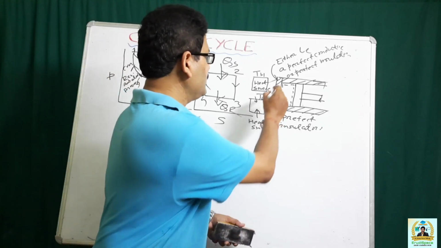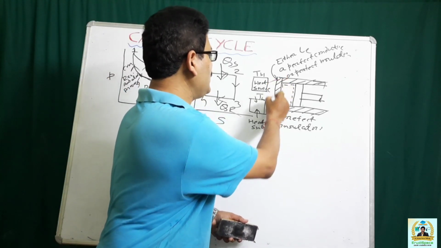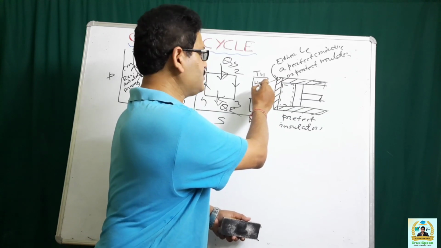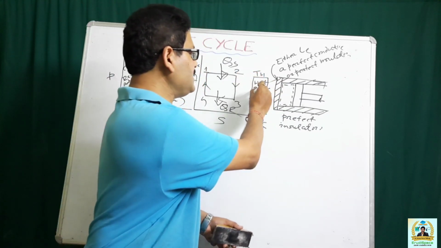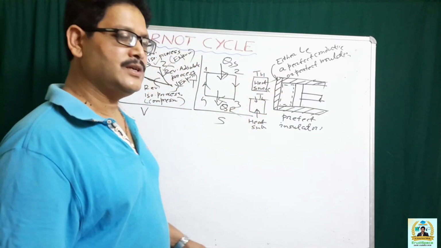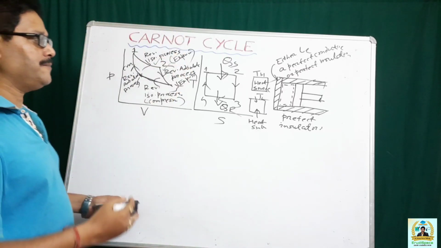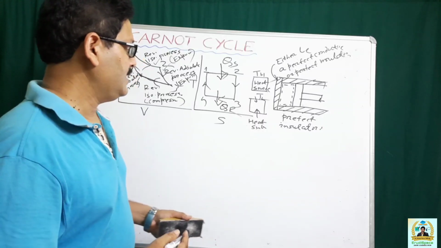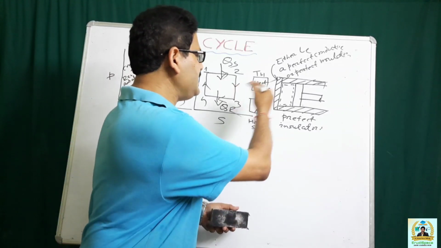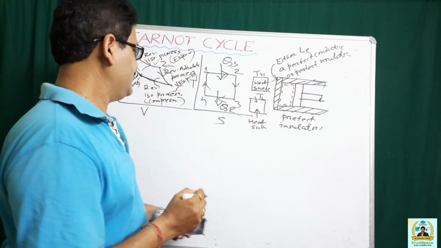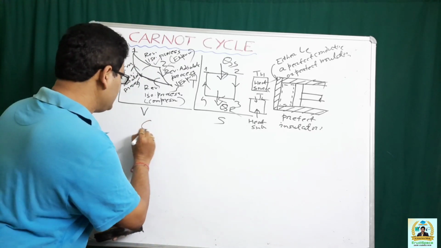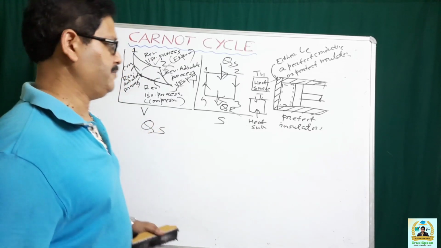First, this will come in contact with the heat source, and as it comes in contact with the heat source, it will undergo a reversible isothermal process, and the heat that is added in this process is Qs.